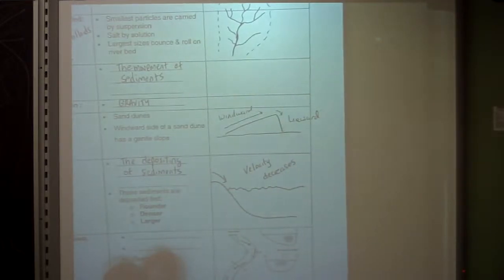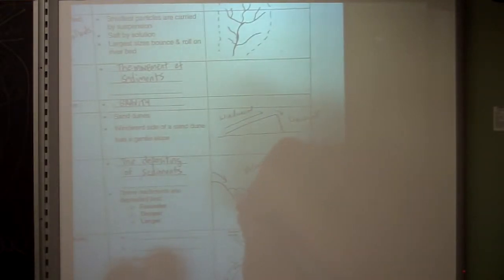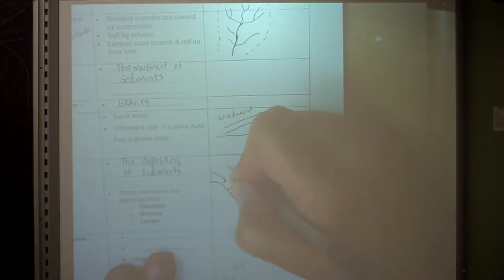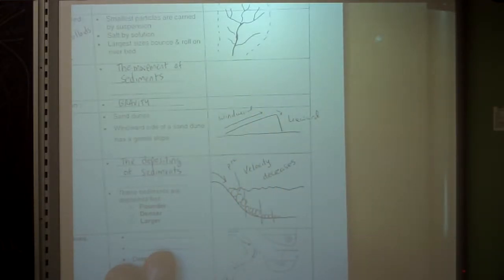The velocity decreases. And so the largest particles get deposited first. This is a type of sorting, and then the sorting is called horizontal sorting. And so on. So over here we might find pebbles and cobbles, P and C for pebbles and cobbles. The next thing on the list, as far as sizes of sediment, if you forget, is on this page.